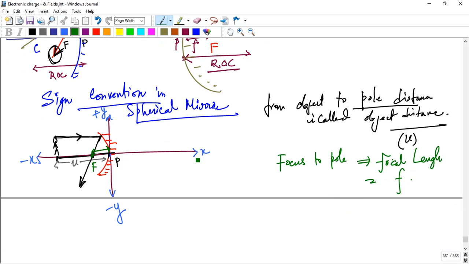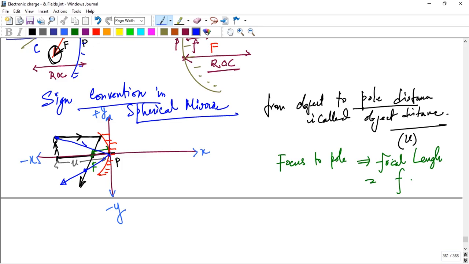Now suppose another ray strikes another point, goes in that direction, then comes back to meet a point here.